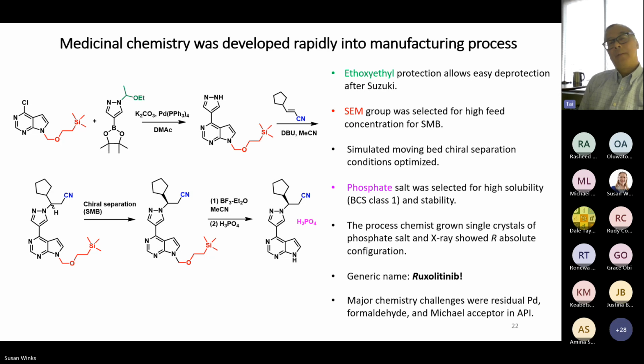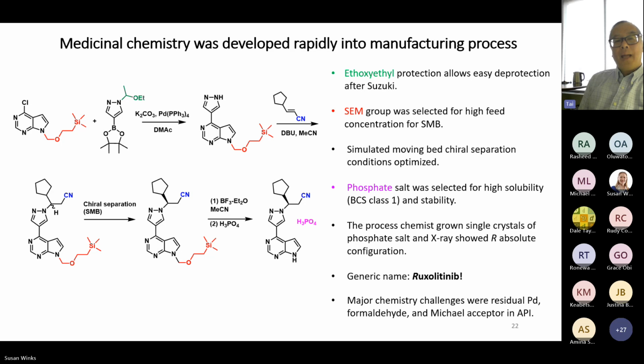That works well because it's compatible with Suzuki, but it comes off easily. The same group in red protects the nitrogen on the diazepyrin ring. We picked that, among many other options, because it gives the substrate the highest concentration, which allows us to have a slightly higher throughput for the chiral separation.